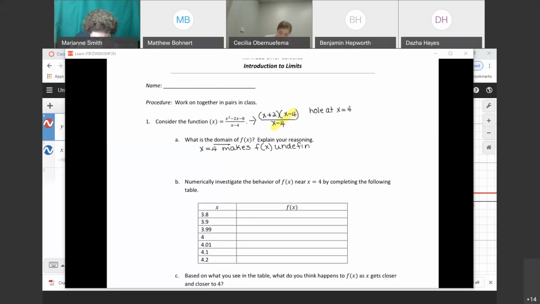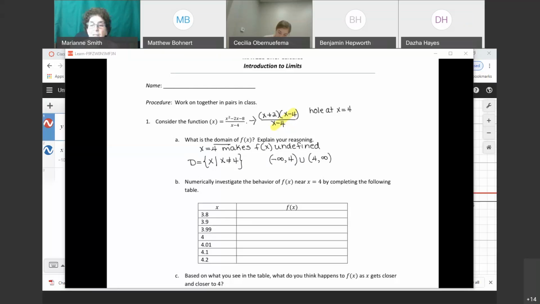All right, and there's two ways to write your domain. You can write it with set builder notation like this: the set of all x such that x is not equal to 4. You can also write it in interval notation, which says I can go from negative infinity all the way up to 4, not including it, or I can go from 4 all the way up to positive infinity.